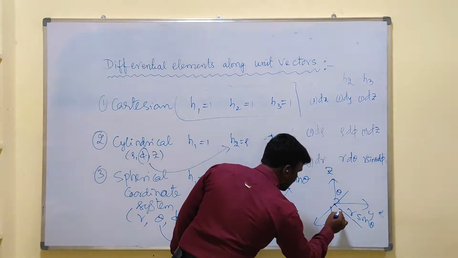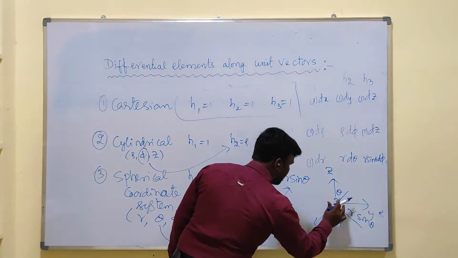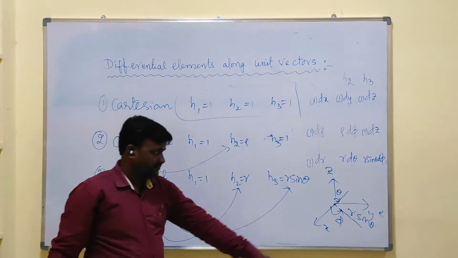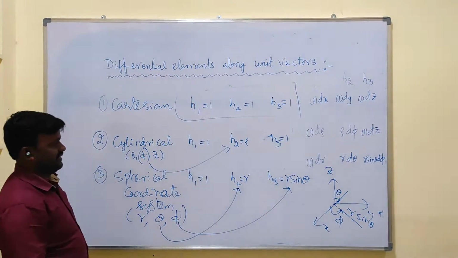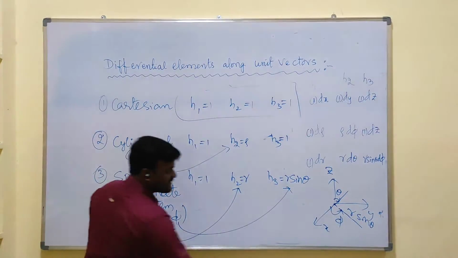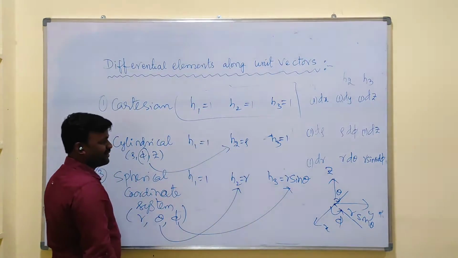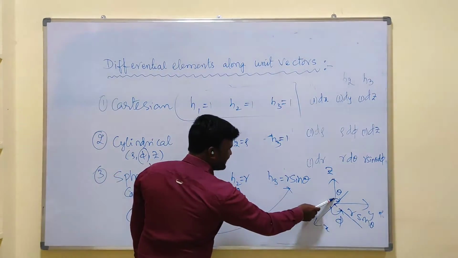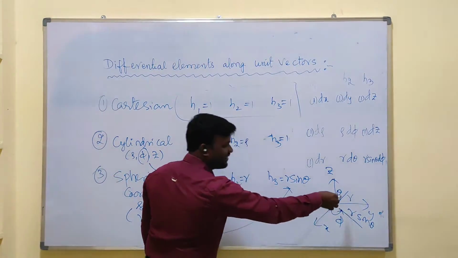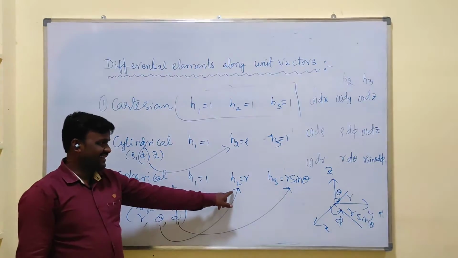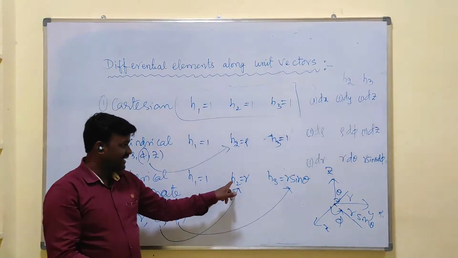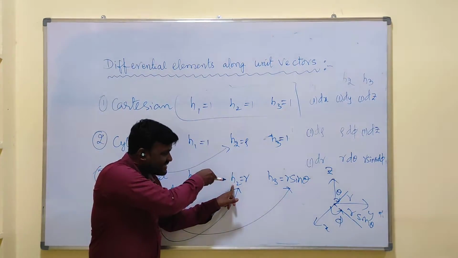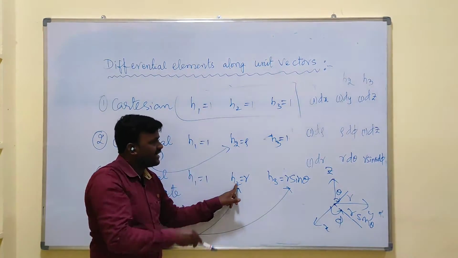It makes an angle phi like this. A downward angle means clockwise, and an upward angle is anti-clockwise. This phi is the angle made by r sin theta, which is the third component. That's why H3 is r sin theta. And theta is the angle made by r, so as theta is the second element, the multiplication factor of d theta is H2, equal to r.